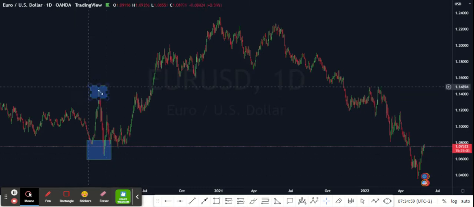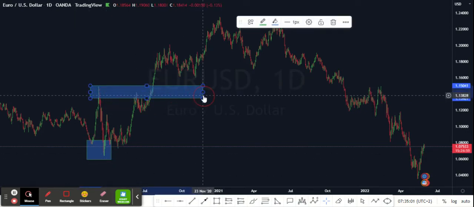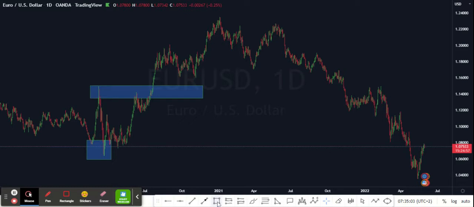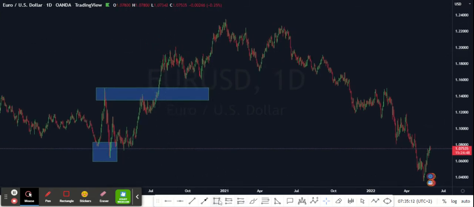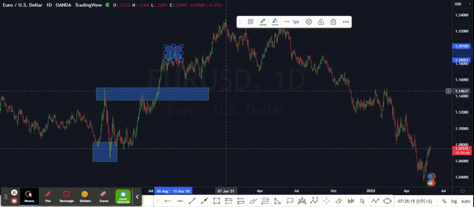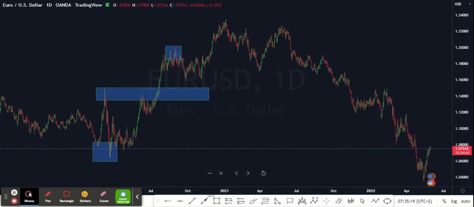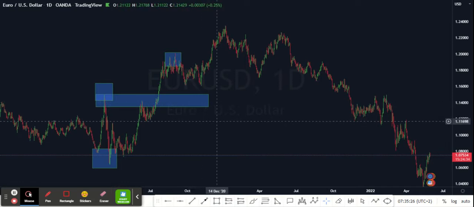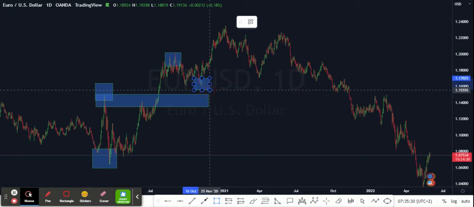And then should this one break here, we're forming a high at the top, and then we are forming another high, which is the high that is above the previous high. So it's a high, and then we form a new higher low right here.